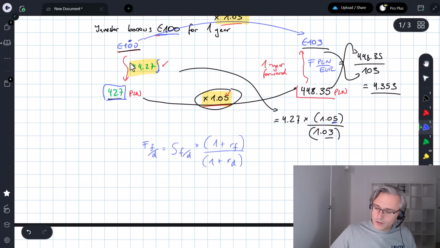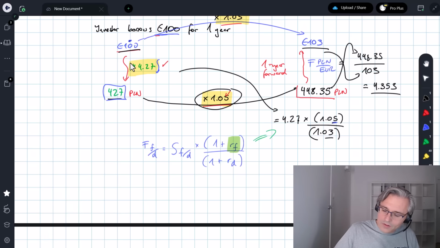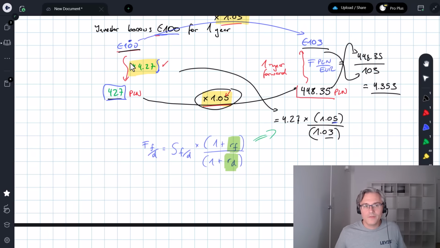That's the same thing as up here, but let me stress that you may be required to scale these for time, because you may be asked not for the 1-year rate, but a 6-month or a 3-month rate, in which case you would take each of those rates, the 5 and the 3, and scale them by dividing by 2 or by 4 before you add them to the 1.